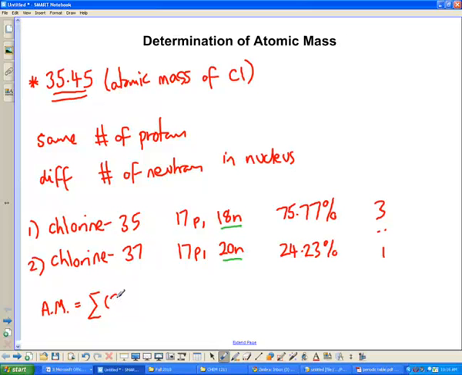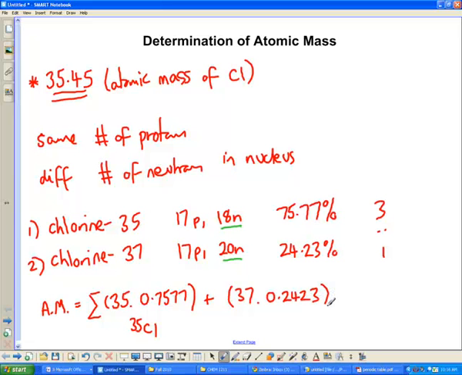We take the mass of the 35 AMU isotope multiplied by its percent abundance. Now remember, the percent is always something over 100. So 75.77 divided by 100 gives us 0.7577. That's for our chlorine-35. Then we do the same for our chlorine-37. We multiply that by its percentage abundance divided by 100. And that's for our chlorine-37.